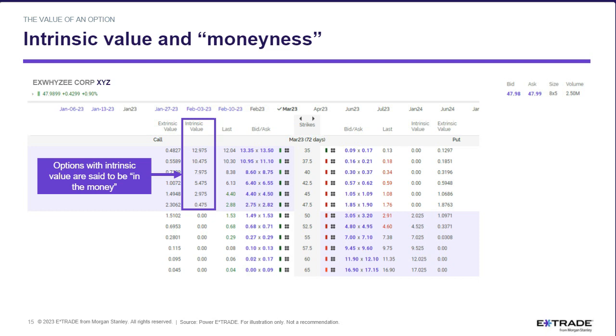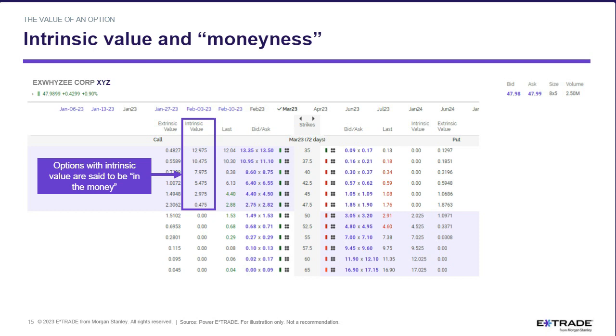In fact, we call this in the money. So notice the strike prices here, the $47.50, the $45, the $42.50. Those are all the right to buy the stock at a price lower than it is right now. So these are options where the coupon price is lower than the pizza price.